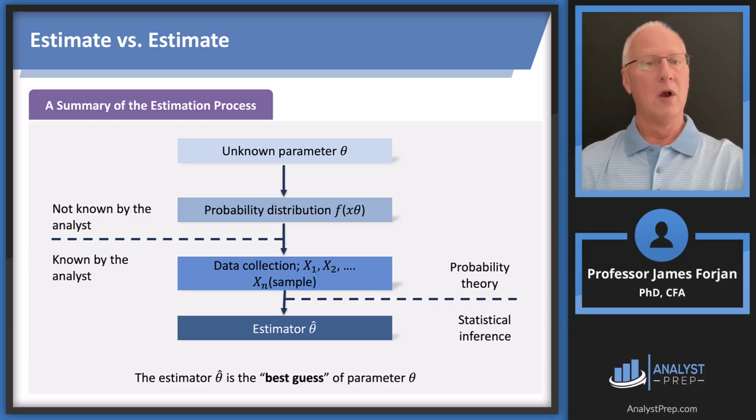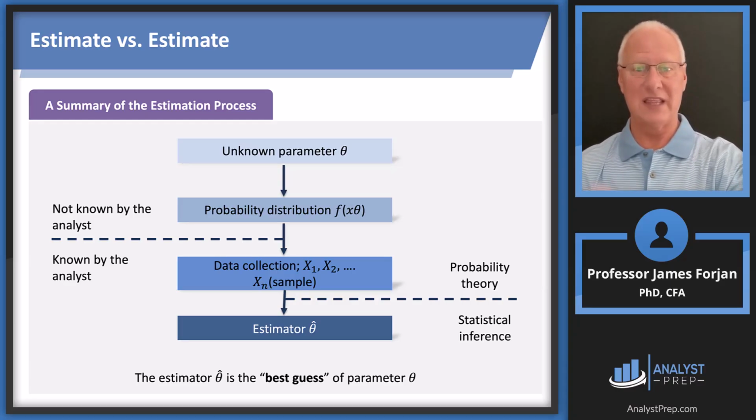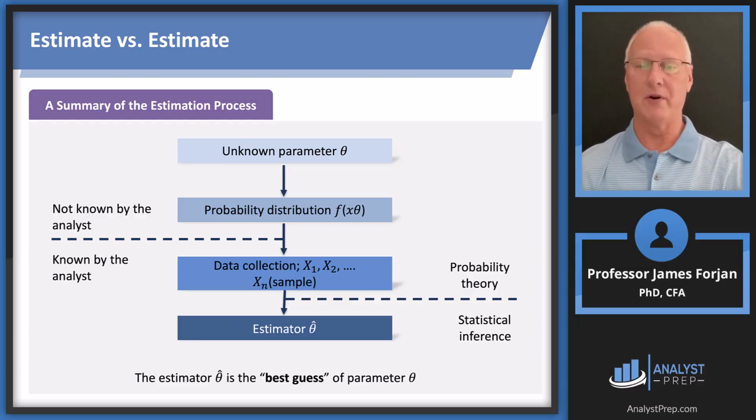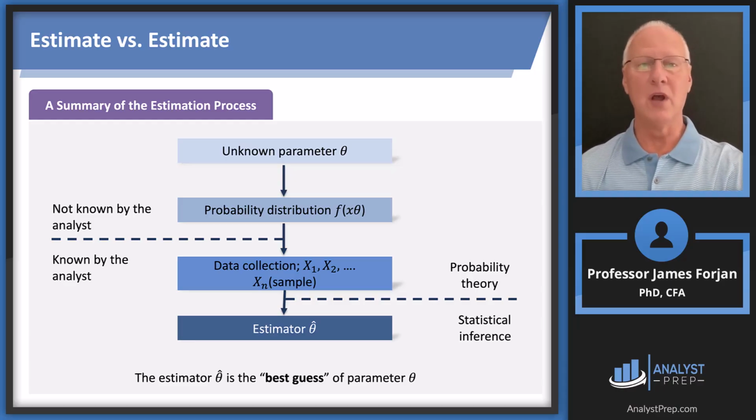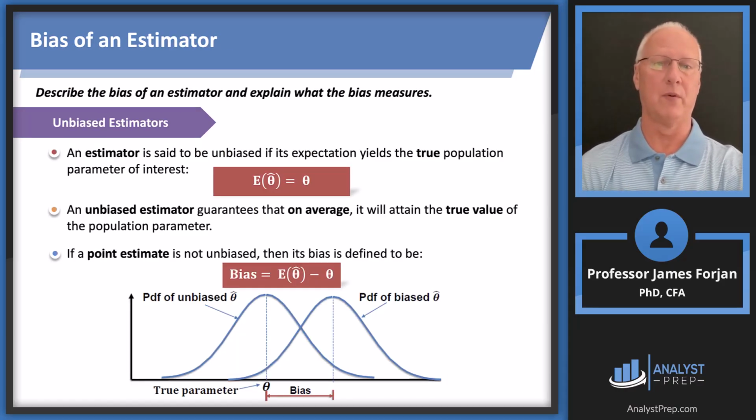So remember, when you're looking at a question stem on the exam, if you see just theta, that's the unknown parameter. If you see theta or any other Greek letter with a little hat on top, that has to relate to the sample.